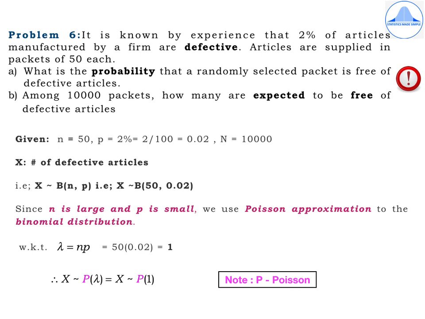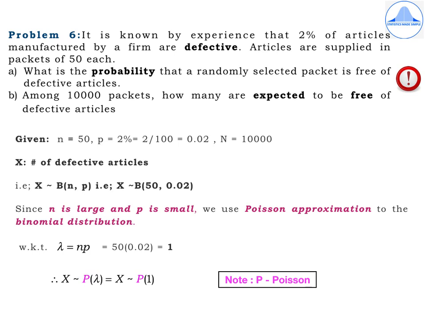Now the statement in the next line, which you see in pink color, is an important one. That is your justification for why you're converting a binomial distribution to a Poisson distribution. The statement is, since n is large and p is small, we use Poisson approximation to the binomial distribution.